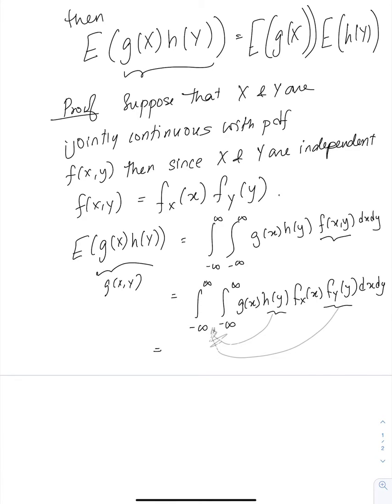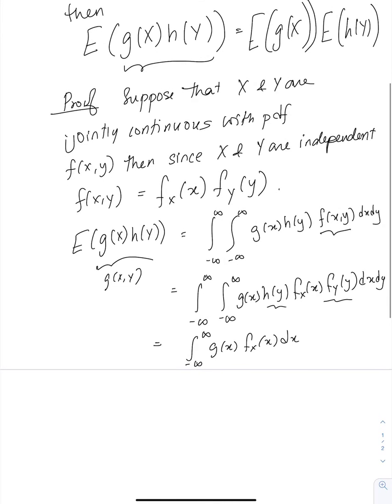So this whole thing, just like you did in Calc 3, you can rewrite as the integral of g of X times f sub X, and the integral of h of Y times f sub Y of y.